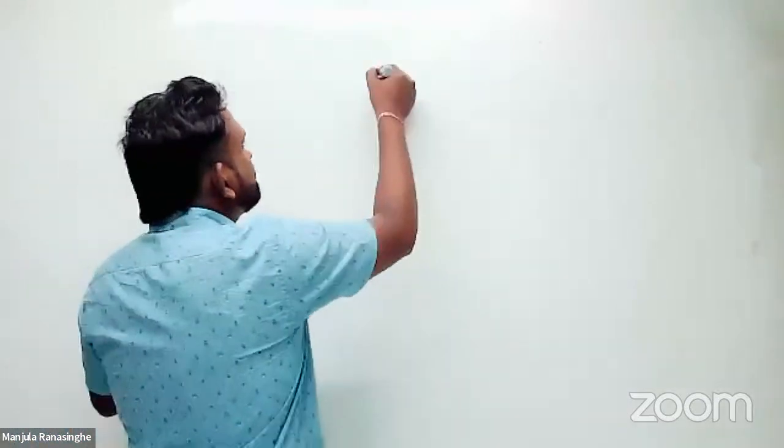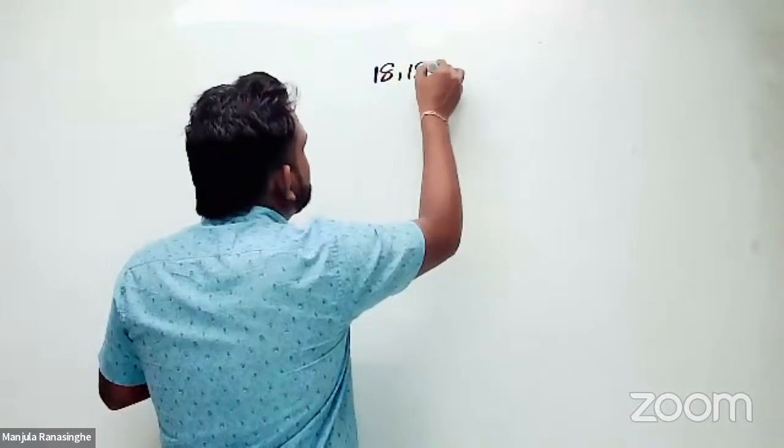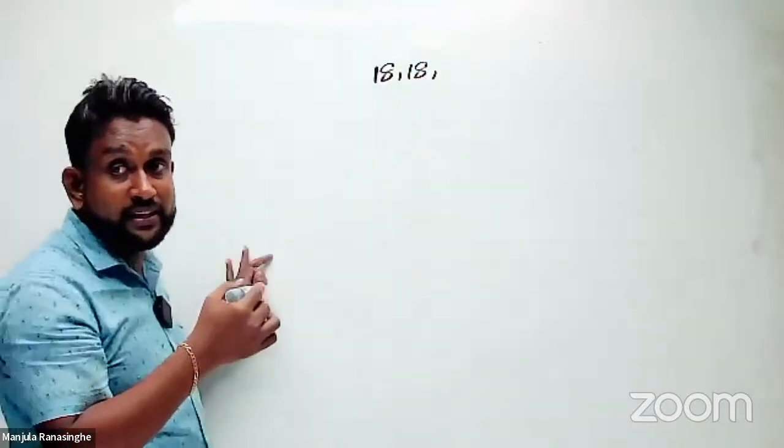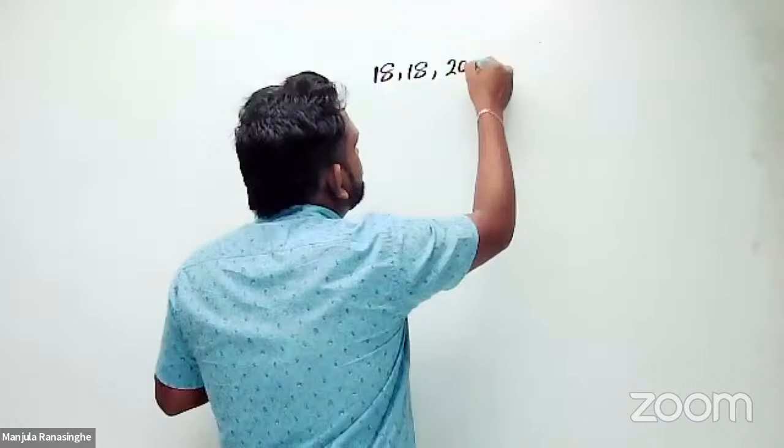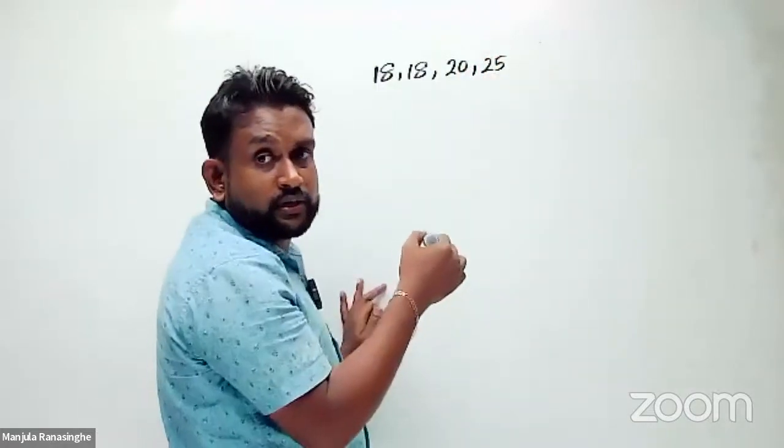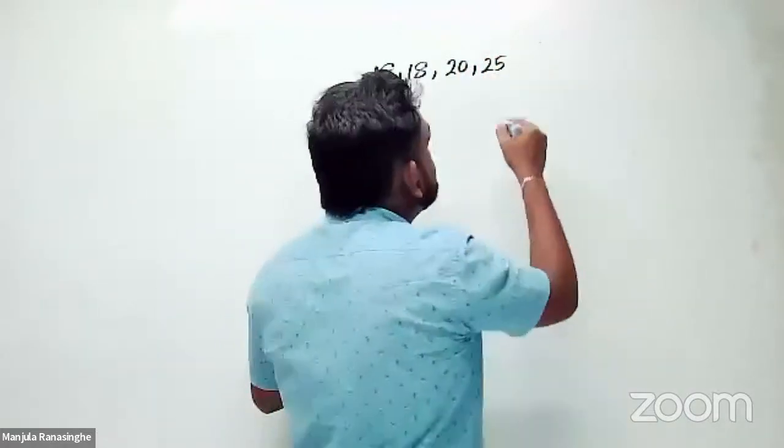So better to arrange this one into ascending order: 18, 18, and then you need to write 20, 25, 26, 26, 26.